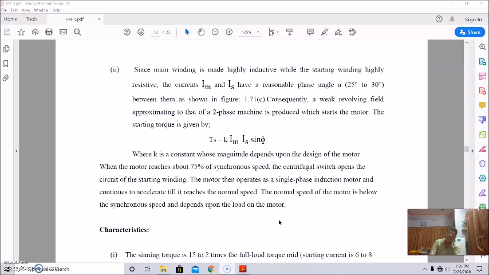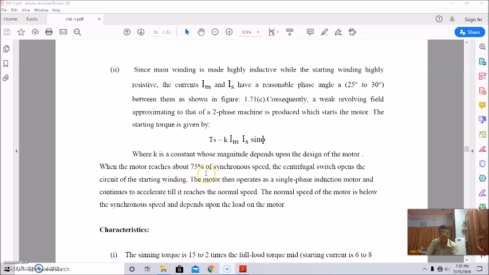These windings are arranged such that the main winding is made highly inductive, while the starting winding is highly resistive, so that the currents to the main winding and auxiliary winding, IM and IS, have a reasonable phase difference, that is 25 degree to 30 degree between them, and consequently a weak revolving field approximately of a two phase machine is produced.